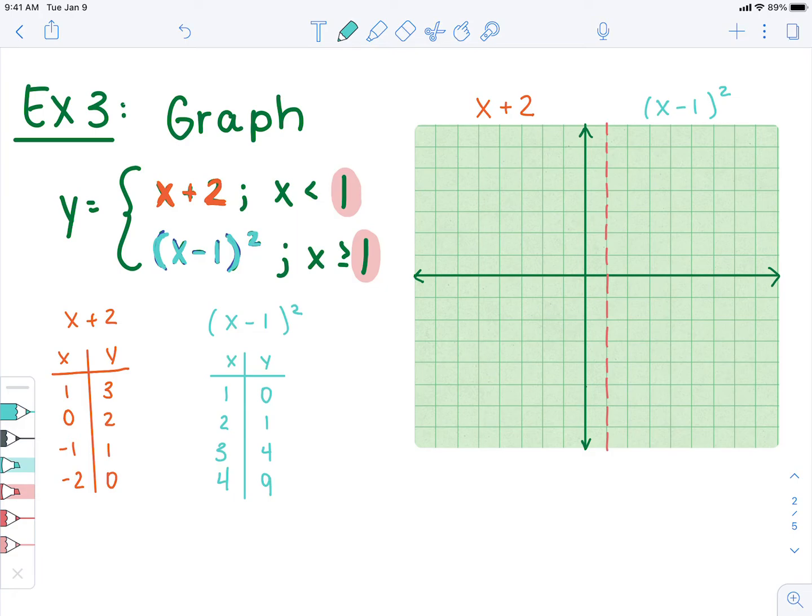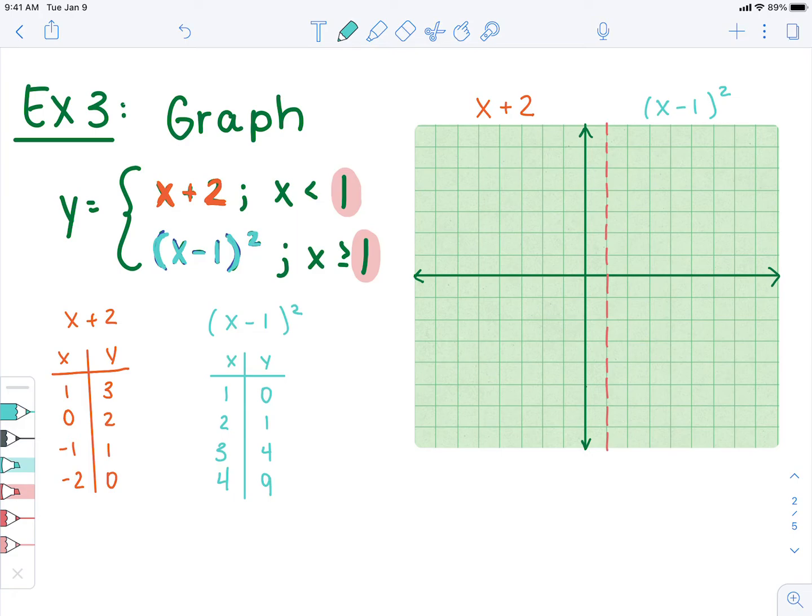So normally we're not going to graph both pieces separately before we actually graph the piecewise function. So normally I'm going to be plugging into those tables for the first time to get those numbers. Once I get the numbers, I always like to tell myself which one's going to be the open circle and which one's going to be the closed circle.